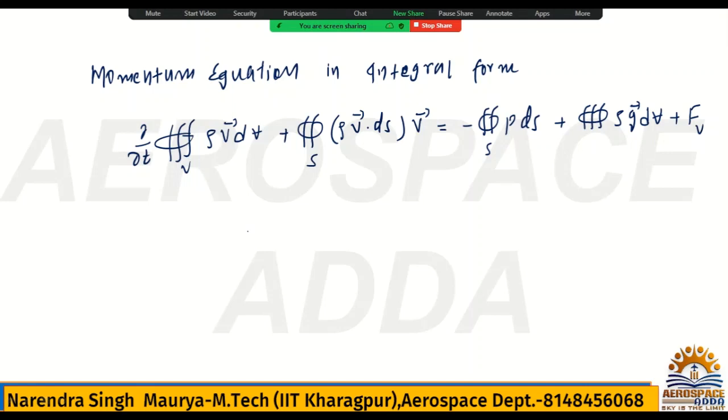This was the momentum equation that we had discussed in last class. Yes or no? All right.